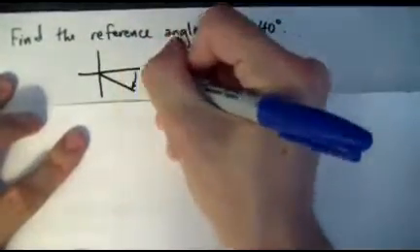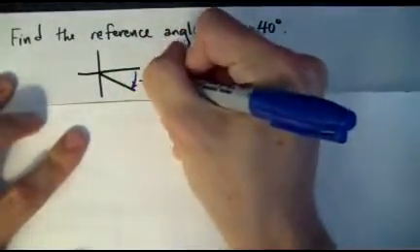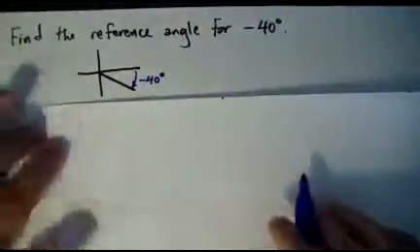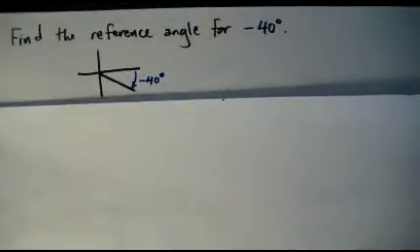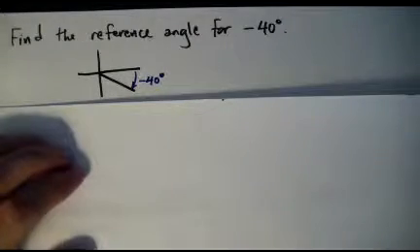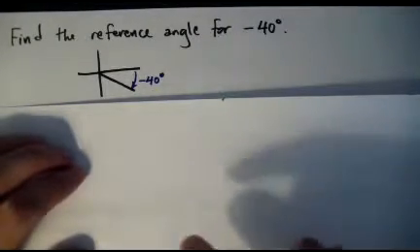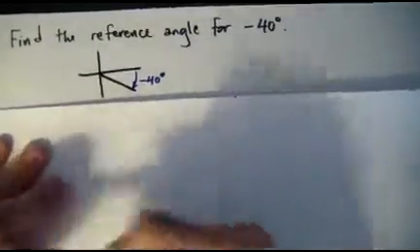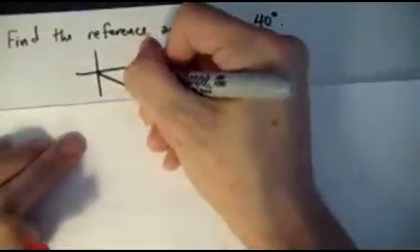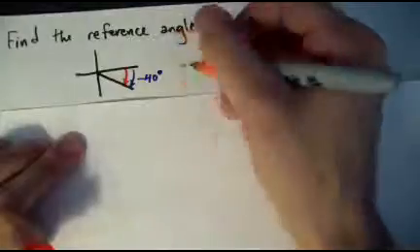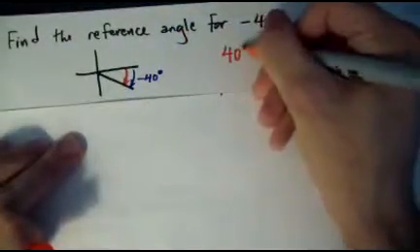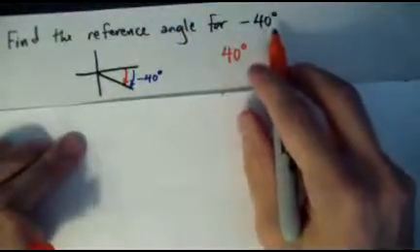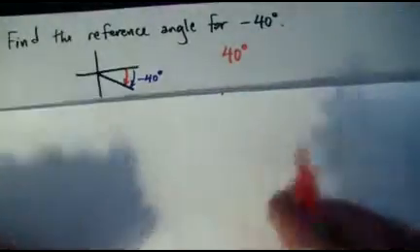So that is our angle, minus 40 degrees. But again, the reference angle is just whatever acute angle is formed by our angle and a horizontal line. So in this case, this angle is our reference angle. That angle is 40 degrees. So 40 degrees is our reference angle for negative 40 degrees.